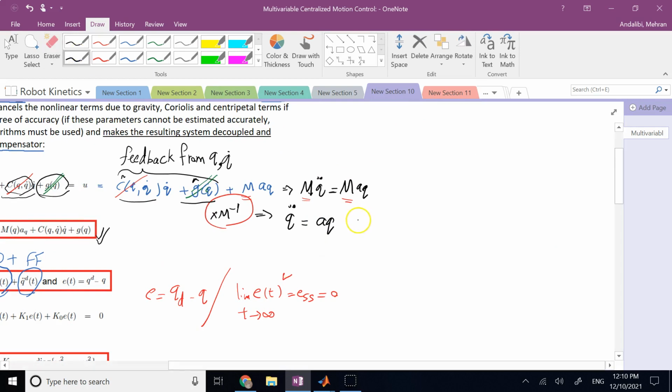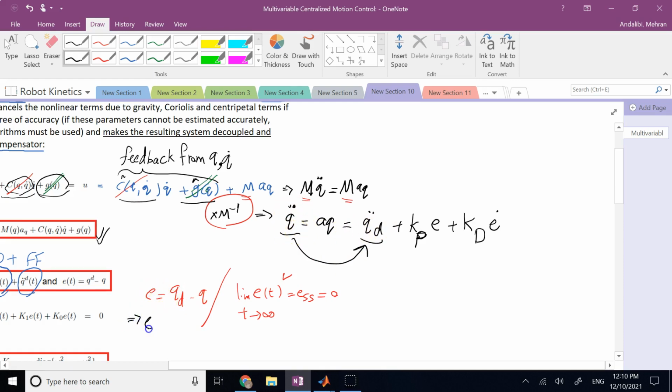If I make this AQ, as I said, to be QD double dot plus KD, or you might call it KP if you want, doesn't matter, that's the same thing, times error plus KD times error dot, what's going to happen? Well, now I'm going to bring this term to this side, and it's going to be QD double dot minus Q double dot, which is based on this definition.